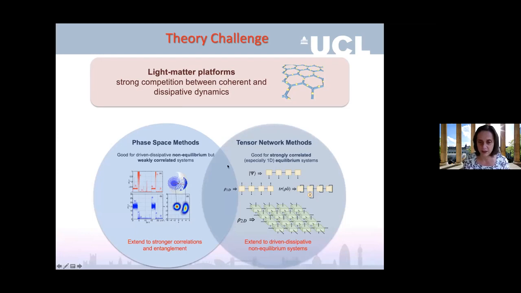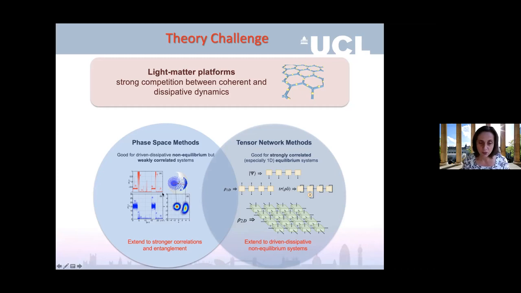So in our group and in general, you can approach this problem from two different directions. One direction which we have been working on quite a lot is phase space methods, which are extremely good for studying non-equilibrium weakly correlated systems, such as I mentioned at the beginning.